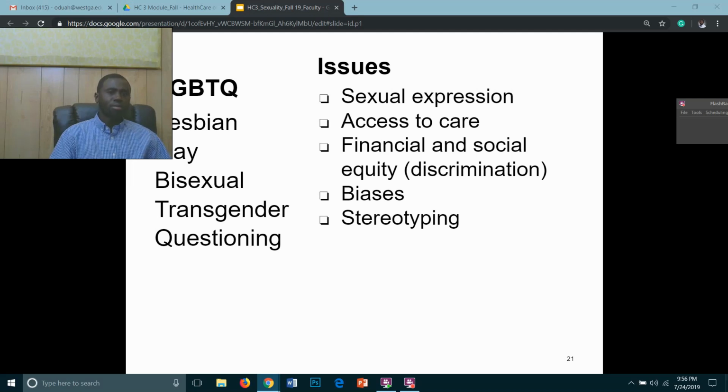For example, among transgender people, opportunities for physical examination are avoided or missed by both the patient and the care provider because of fears of being misunderstood or being inadequately prepared to give or receive appropriate care.